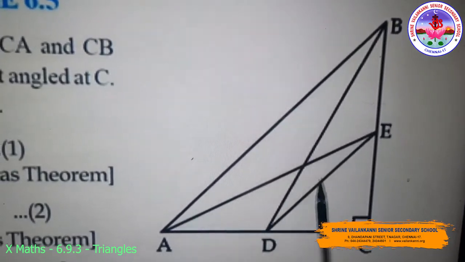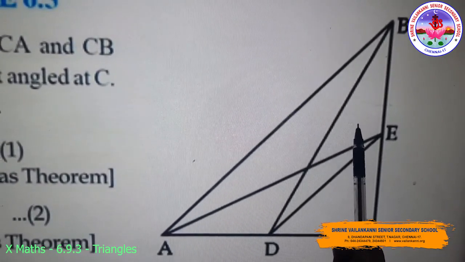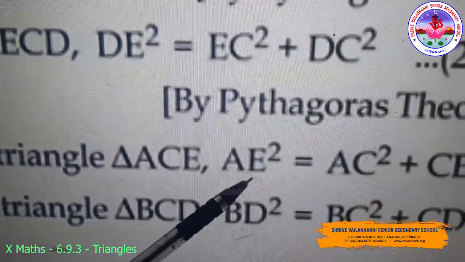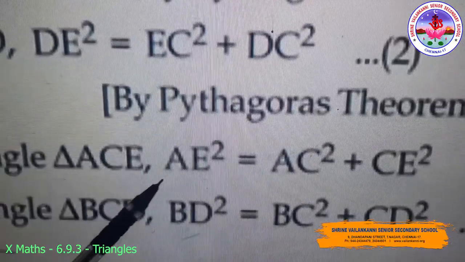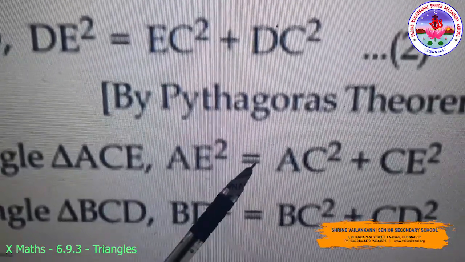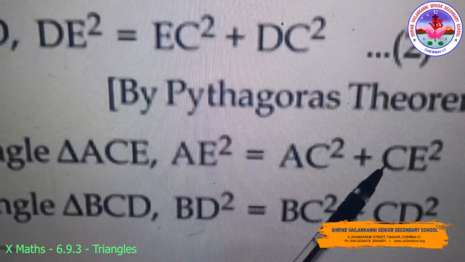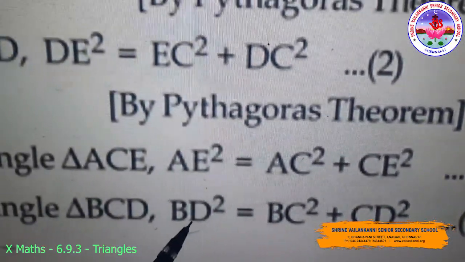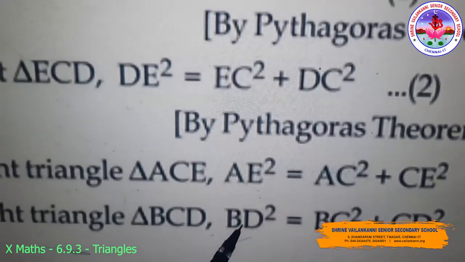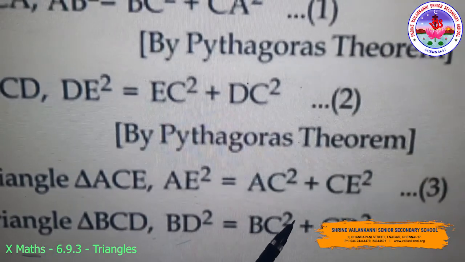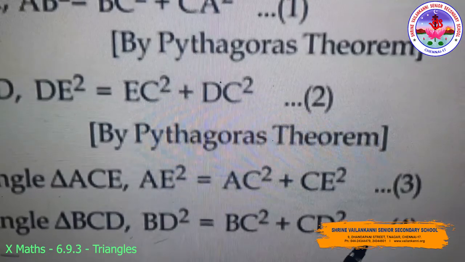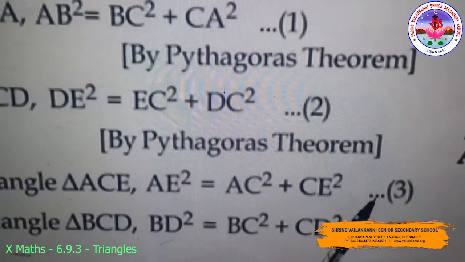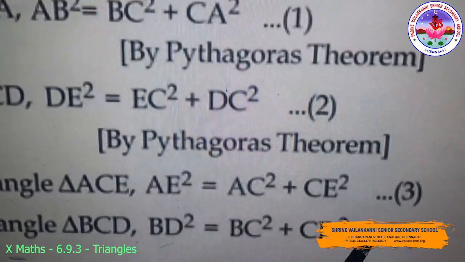For both these triangles, I am going to use the Pythagoras theorem. Similarly, in triangle ACE, hypotenuse AE squared is equal to AC square plus CE squared, calling this equation 3. And in triangle BCD, BD square is equal to BC square plus CD square, calling this equation 4. So I am going to add equation 3 and equation 4.